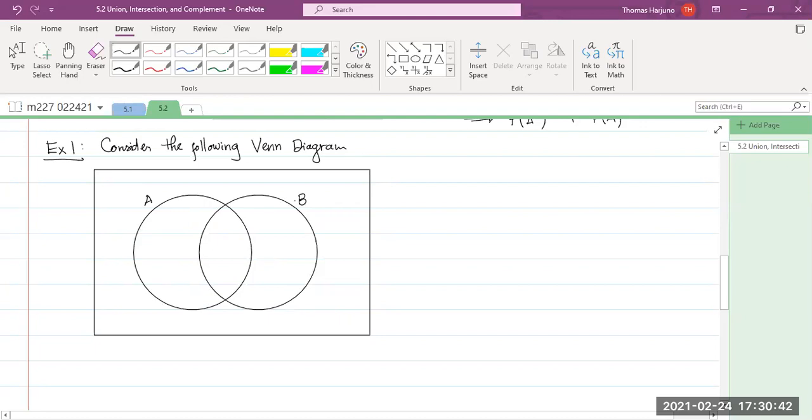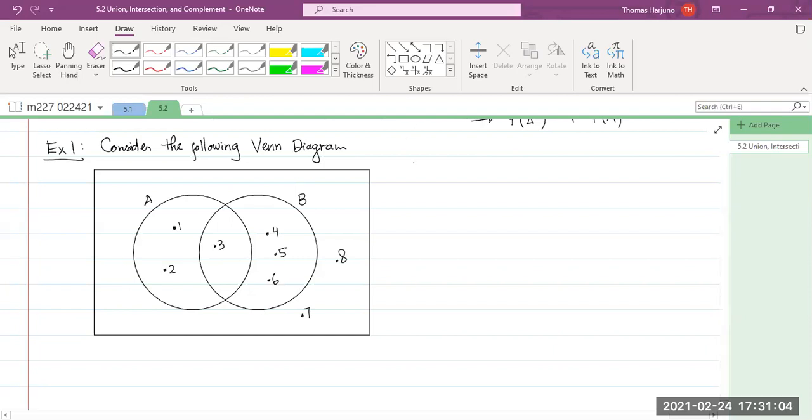Now you see I use this notation: a dot with 1, a dot with 2, 3, 4, 5, 6, 7, 8, for example.